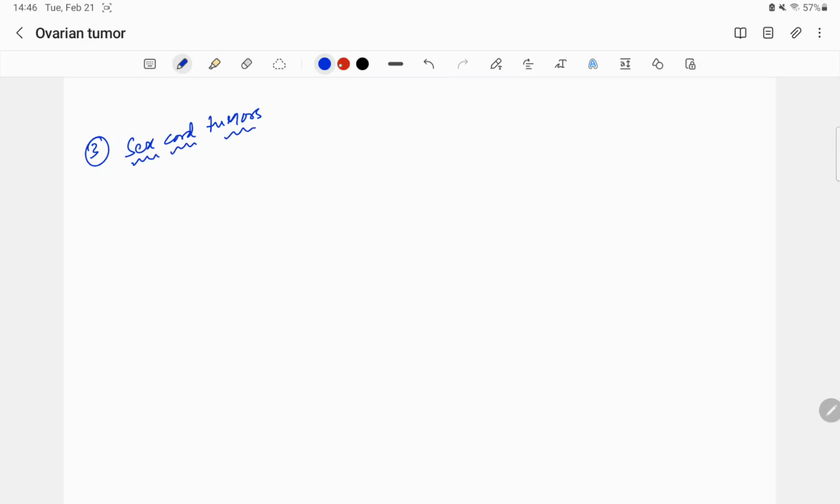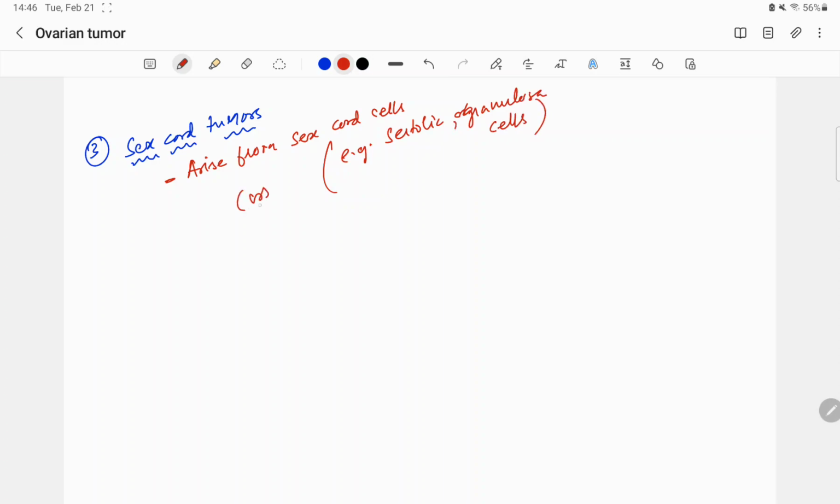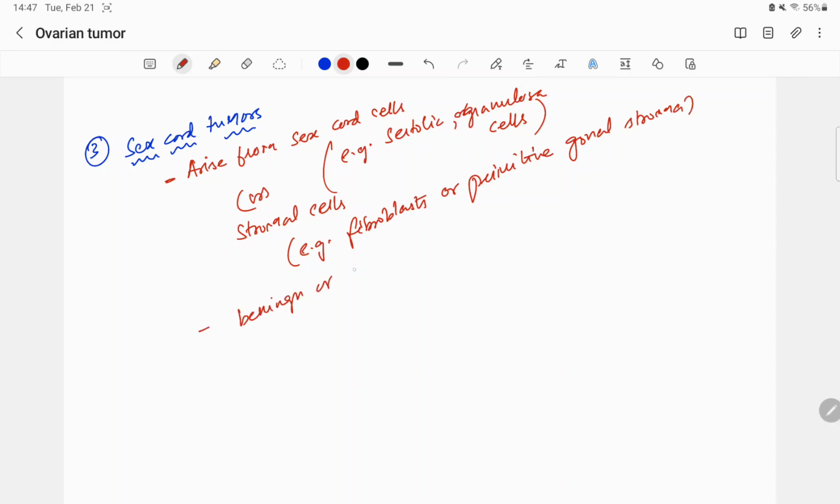So in sex cord tumors, they usually arise from sex cord cells such as Sertoli or granulosa cells, or it could be stromal cells, for example fibroblasts or primitive gonadal stroma. So this can be benign or malignant.